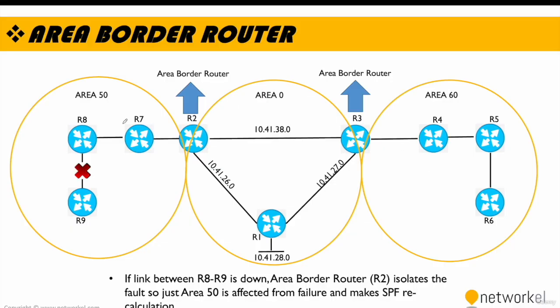So let's have a look. We have area 50, area 0, and area 60 here. For example, we have area border routers, router 3 and router 2. Those are the routers connecting area 0 to the other areas, which are 60 and 50.